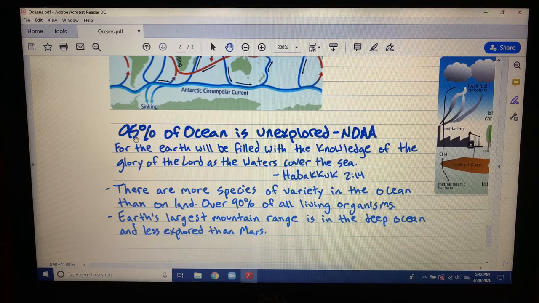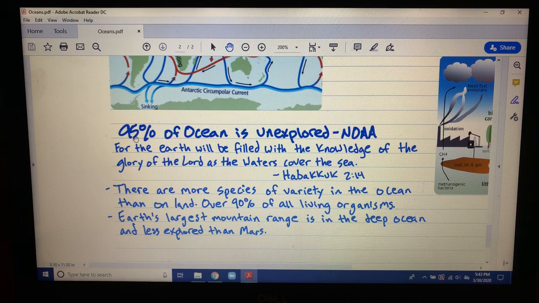So they're like the leading government body on the study of oceans around the world. And they've released that 95% of the ocean is unexplored. So everything we know about oceans only makes up about 5% of what we've explored. So that's crazy to think about, that everything you know about the ocean has only been studied from 5% of it.